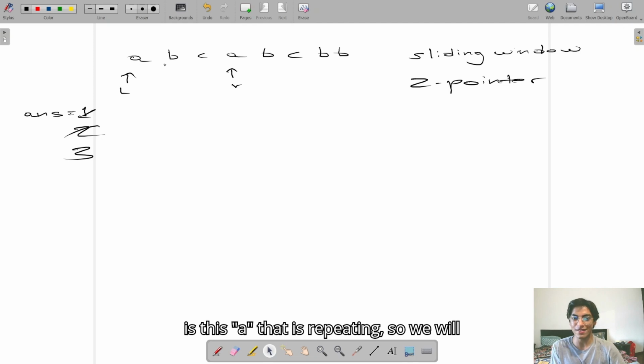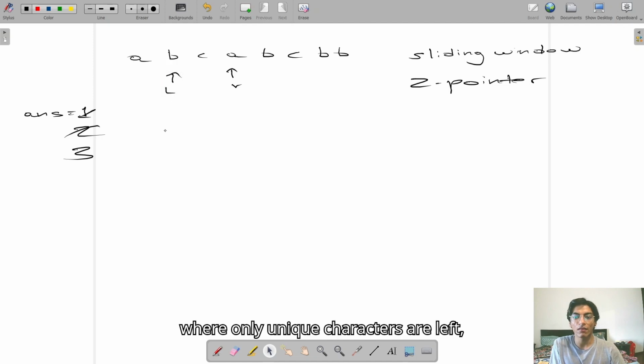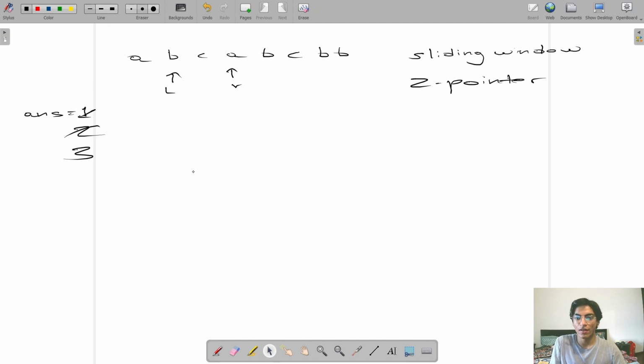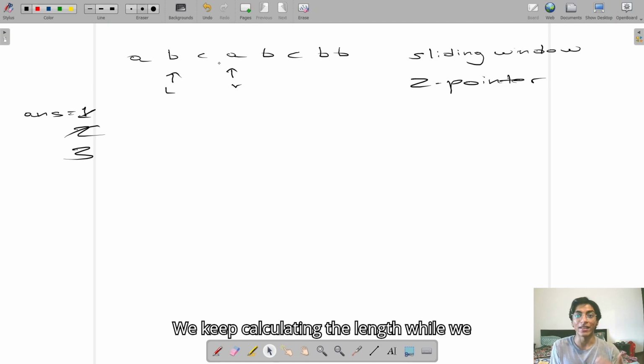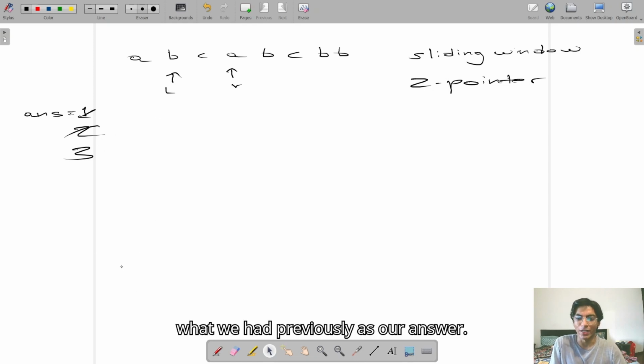Right now, there is this A that is repeating. So we will move the left pointer to a point where only unique characters are left, which is now this case. All right. So we basically keep on moving this left pointer till we reach the desired result. We keep calculating the length while we do it. This is 3 again. We don't need to update it again because it's 3, which is what we had previously as our answer. Then we move once more.